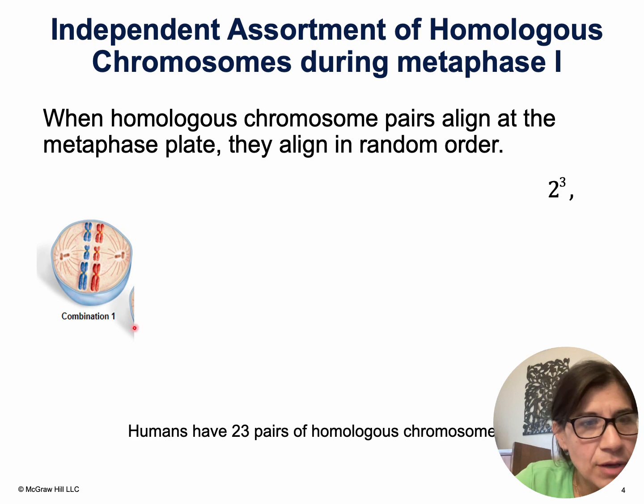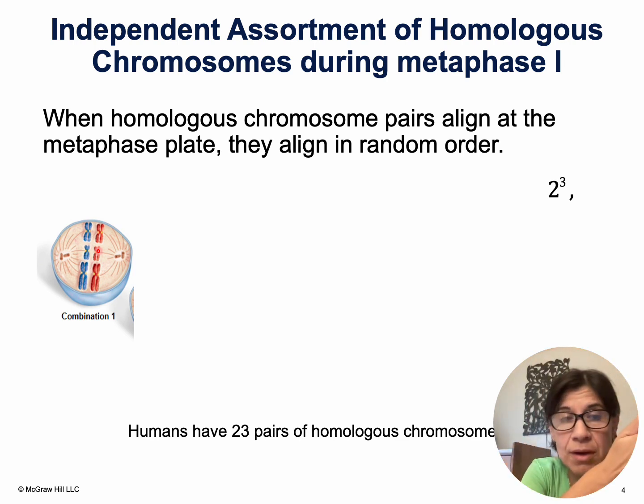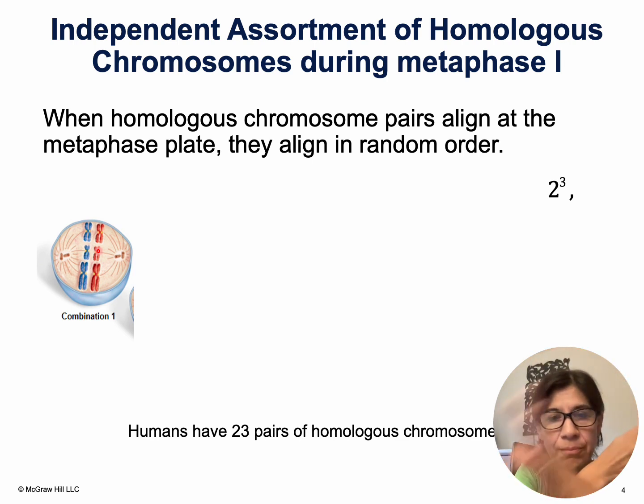Let's look at this cell we have here. How many homologous pairs of chromosomes does this cell have? Yes, this cell has 3 homologous pairs. And each of those homologous pairs can either line up with the blue on the left, as you see it now, and the red on the right, or they could also line up with the red chromosome on the left and the blue chromosome on the right, right?